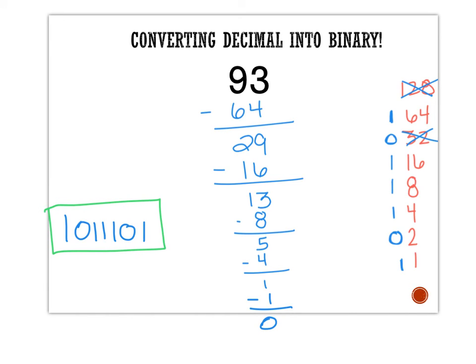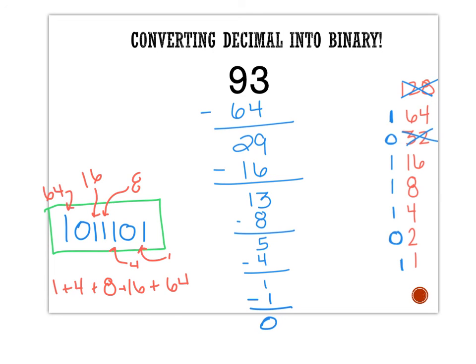And now a good choice here to check your answers is to go through and add these back together and make sure that they add up to be 93. So I know that this right here is a 1 plus this is a 4 plus this is 8 plus 16 plus I have my 64.